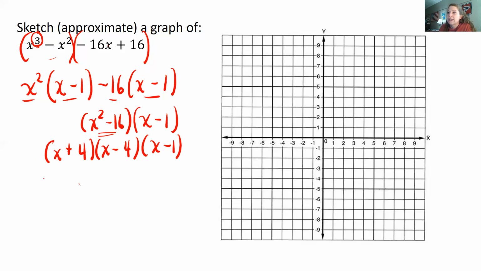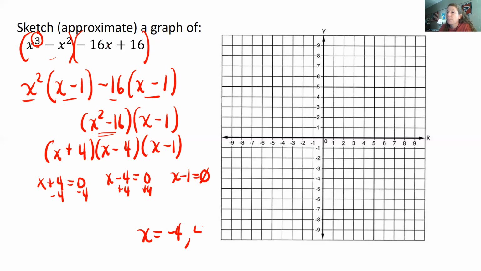So if we set each of these equal to 0, what we're doing is finding the x-intercepts. So we set our whole function equal to 0. We would subtract 4. So one of our values is x equals negative 4. The other one would be positive 4. And the last one would be positive 1.